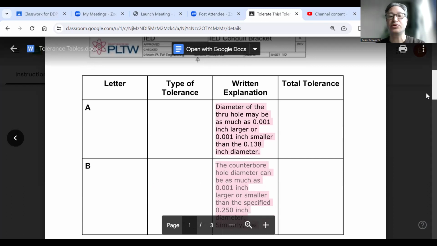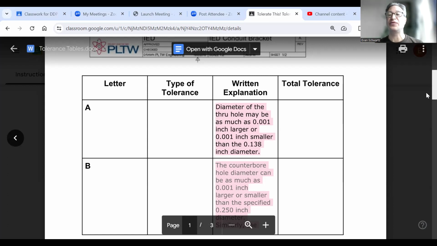So a written explanation would be: the diameter of the through hole may be as much as 0.001 larger or 0.001 smaller than the 1.138 inch diameter. So what I want you to write is how much larger and smaller it's going to be than the original dimension.